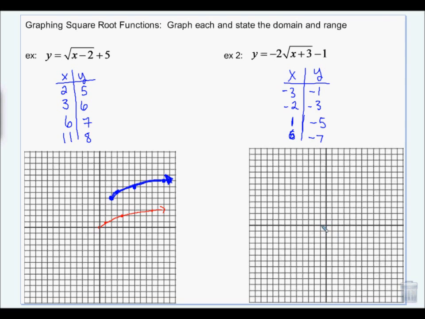So I'm going to plot this. Negative 3, negative 1, negative 2, negative 3, 1, negative 5, 6. So 2, 3, 4, 6, negative 7.